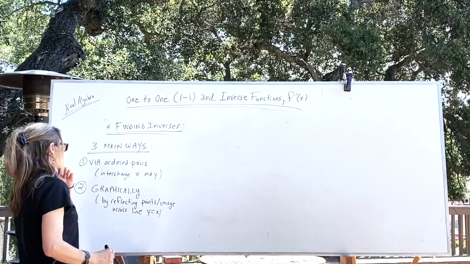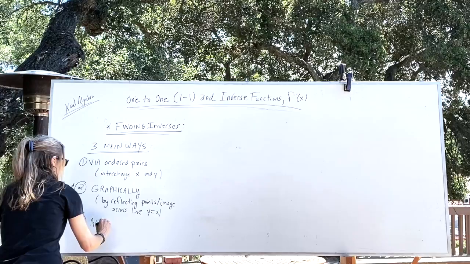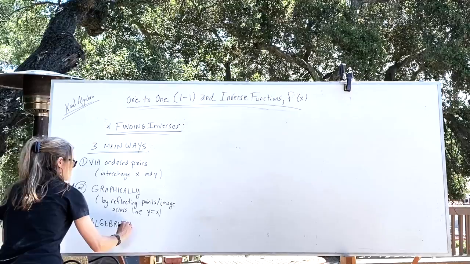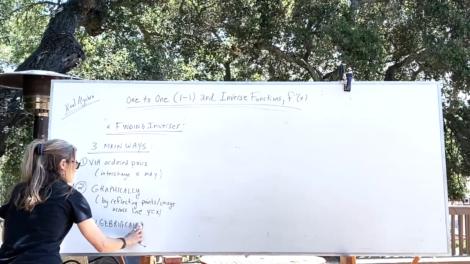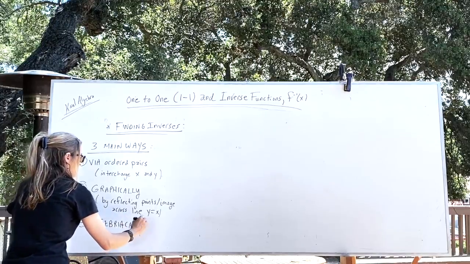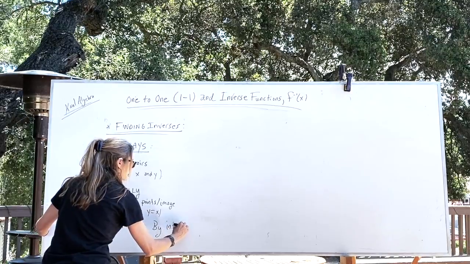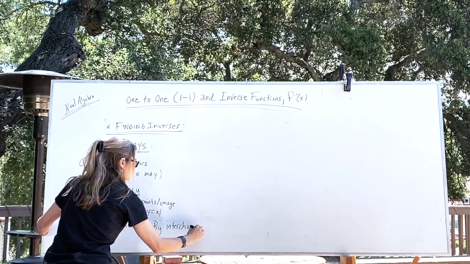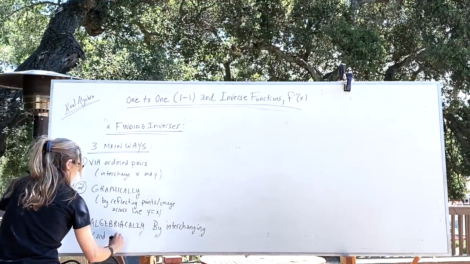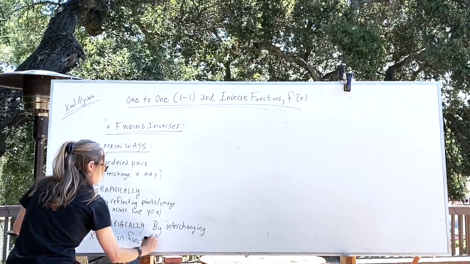And number three is just algebraically, and this is the one that we count on the most, algebraically by interchanging x and y in your equation or in your function and solving.